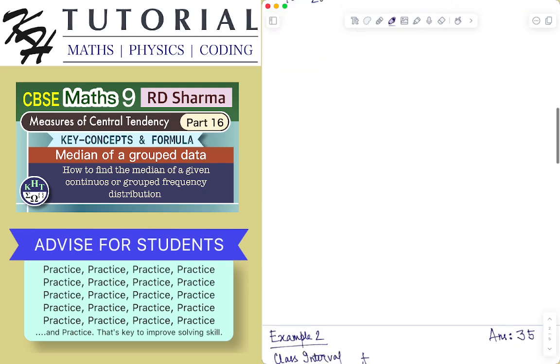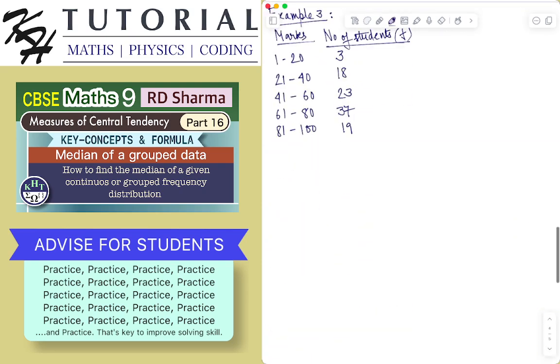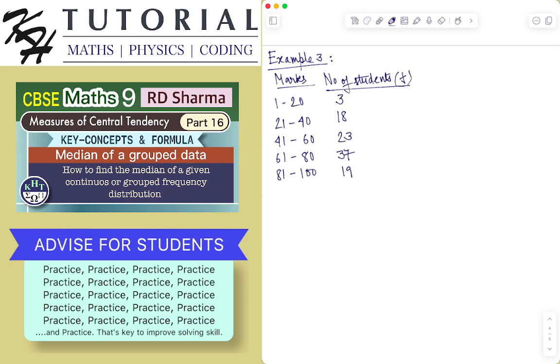Whereas let's see another example. In this group data distribution, the class intervals are 1 to 20, 21 to 40, 41 to 60. We see that for every class, the upper limit is not equal to the lower limit of the next class, and we also see that the difference between the upper limit of any class and the lower limit of the next class is the same, which is 1.